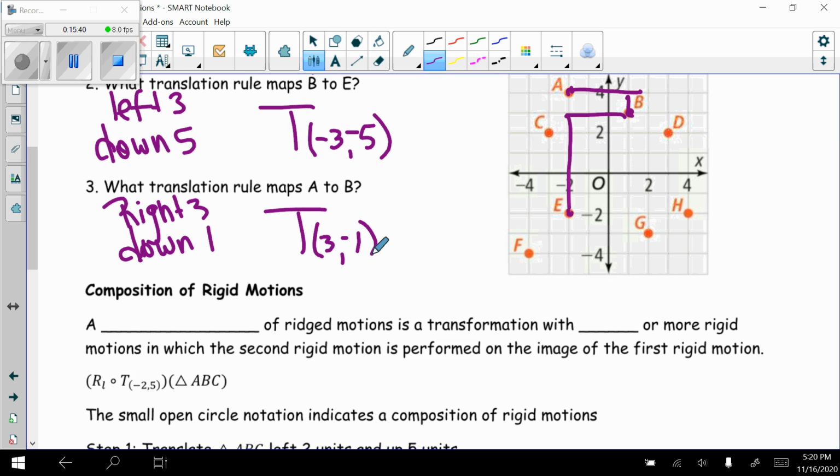So now we're going to talk about a composition of rigid motions. Remember that a rigid motion does not change length or angle measure. Length and angle measure are preserved, okay?